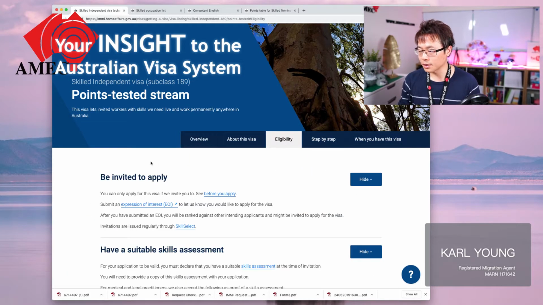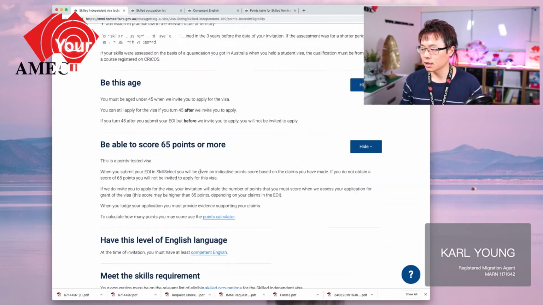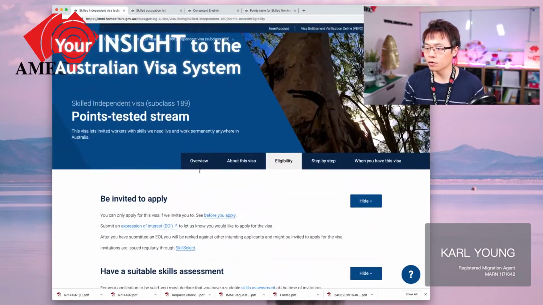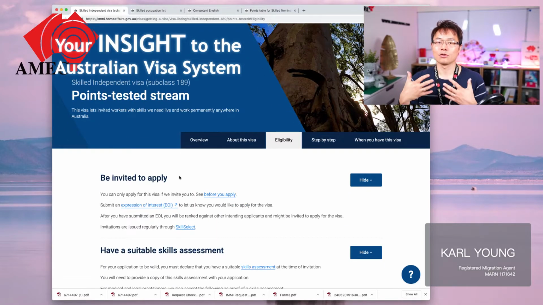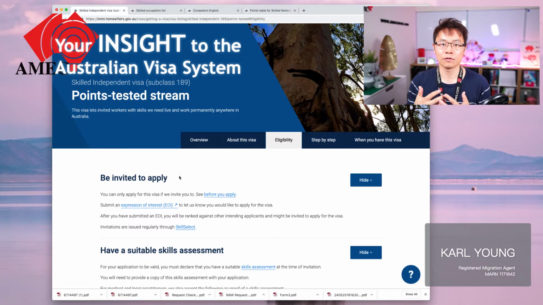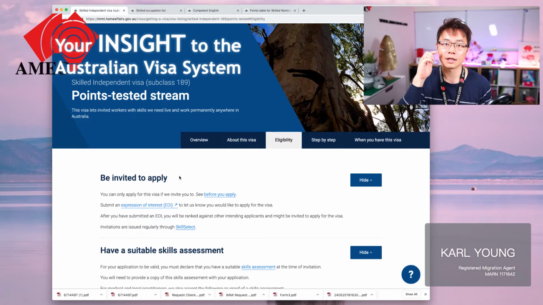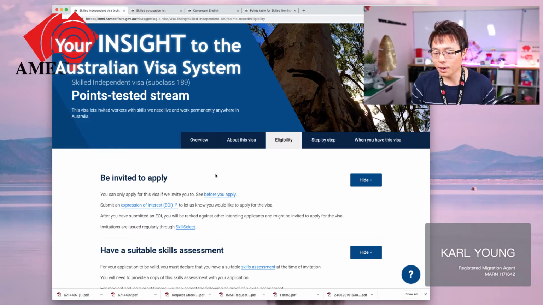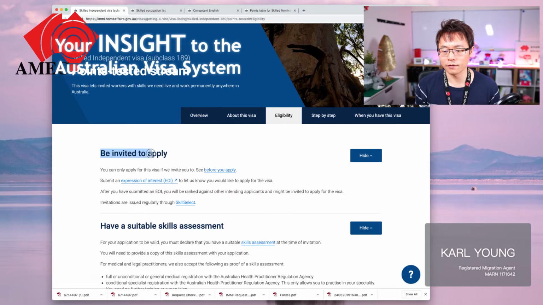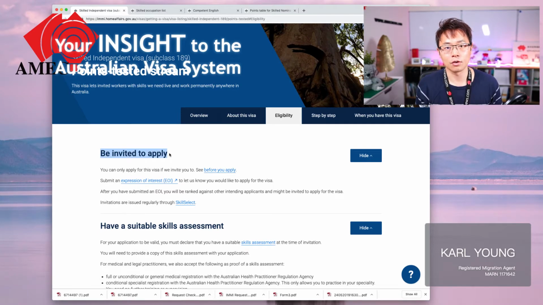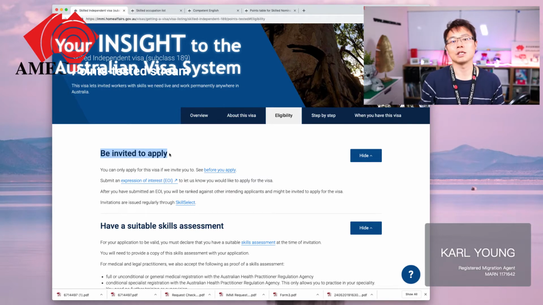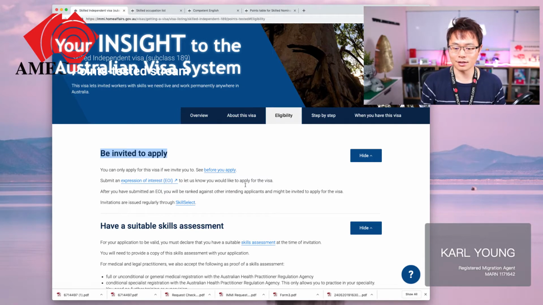Now, for the eligibility, there is a lot that I want to take you through. Generally, it's a points test system, so you are required to meet a certain threshold of points to be invited. How do you apply? First things first, you're required to be invited. If you're not invited, I'm sorry, you cannot apply for the visa. So how do you get invited?